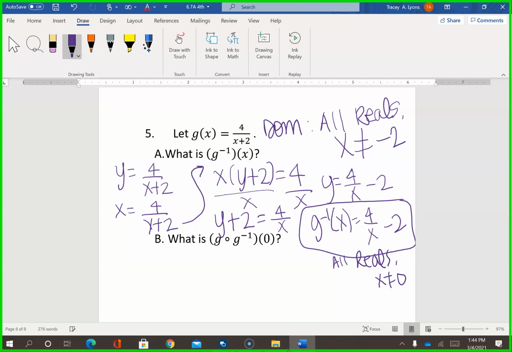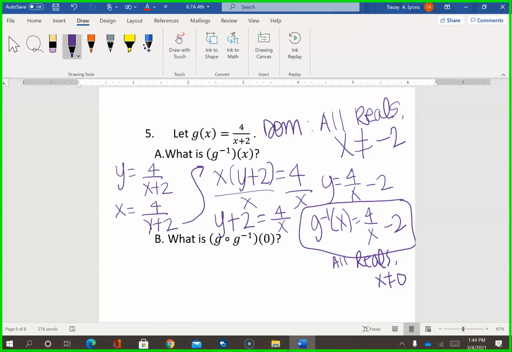And you can start plugging numbers in. So what if you don't really know? If you plugged a 1 in there, you'd get 4 minus 2. If you plugged in a 2 in there, you'd get 2 minus 2. Anything that gives you an answer works. Anything that doesn't give you an answer doesn't work. So when you go to the left, if you plug 0 in there, you're going to put that on your calculator maybe, and you're going to get an error. Anything that gives you that error, those are the numbers that you don't want.